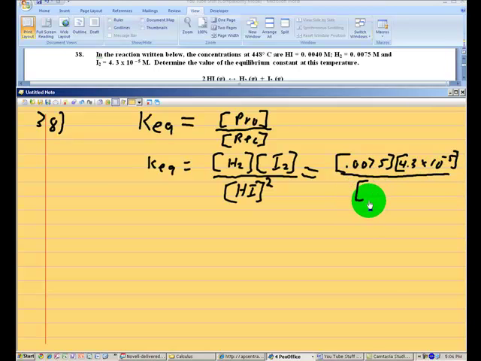And the concentration of the HI is going to be 0.004 molar raised to the exponent 2. Now, when you do that math, you wind up with a 0.02 value for the KEQ.